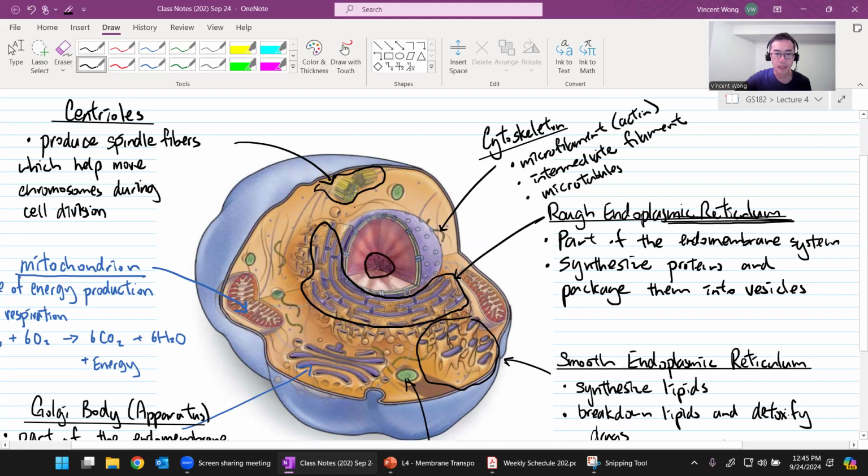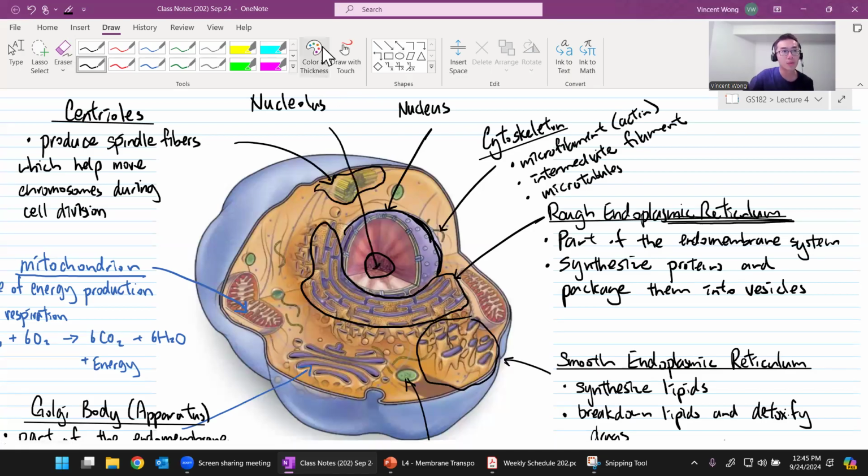Okay. This big circle in the middle, obviously, is going to be the nucleus. And what about the thing in the middle of the nucleus? Is it the nucleolus? That is the nucleolus. Which makes ribosomes for us, right?